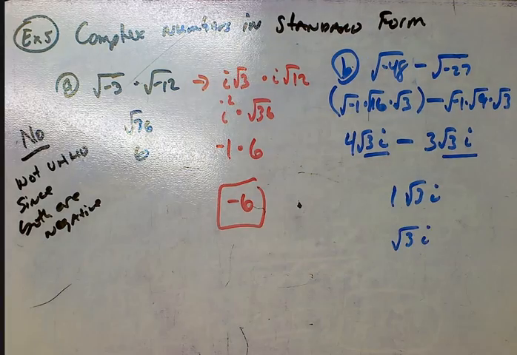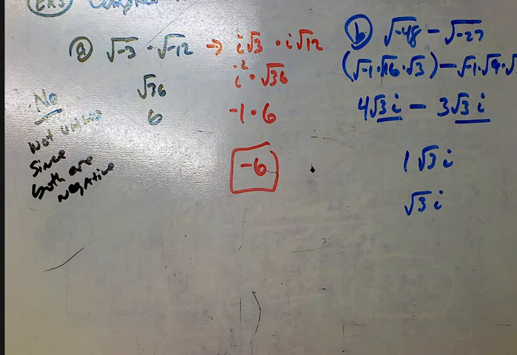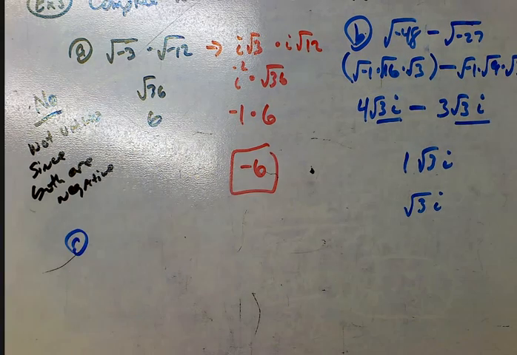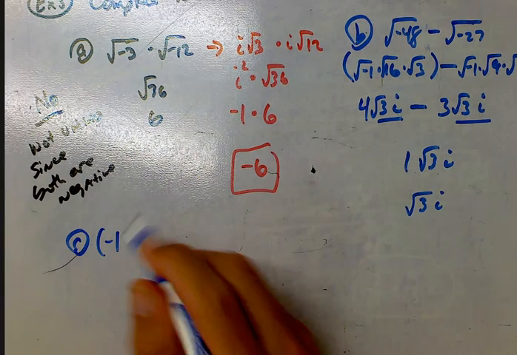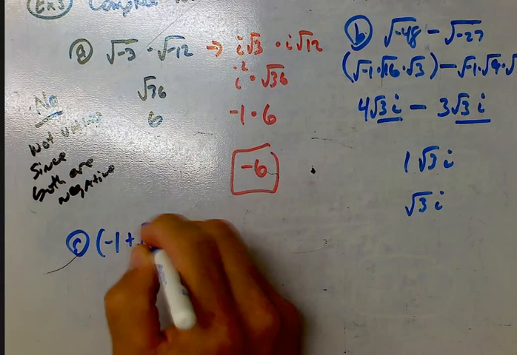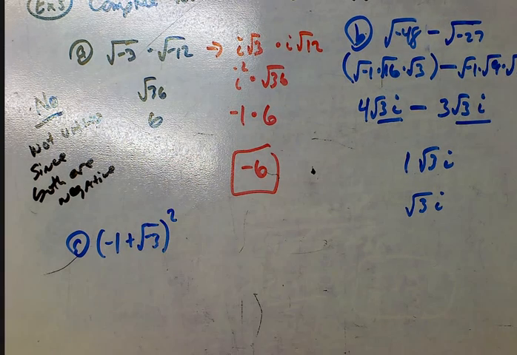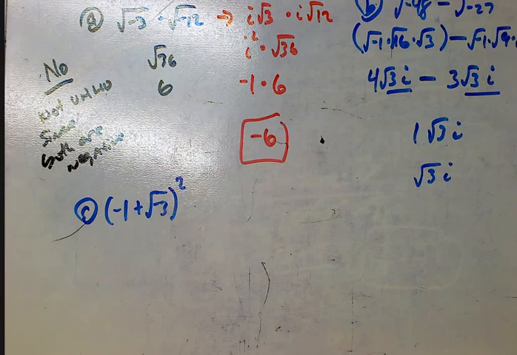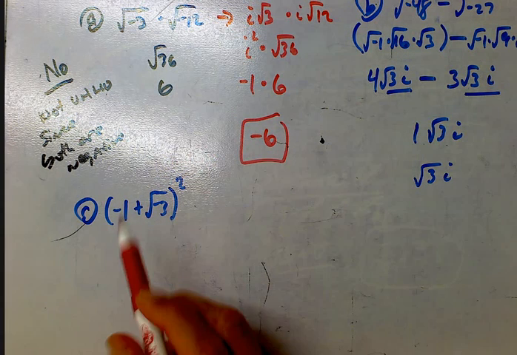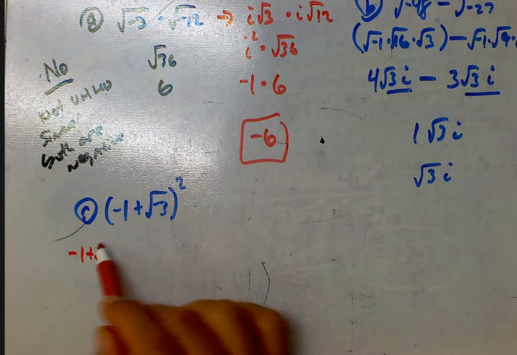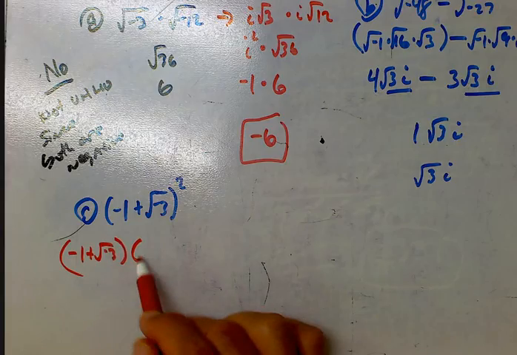Okay. For example C, it says take -1 plus the square root of -3 and square it. Just to make this one seem a little bit easier for you, I'm going to write this out as -1 plus square root -3 times -1 plus square root -3.